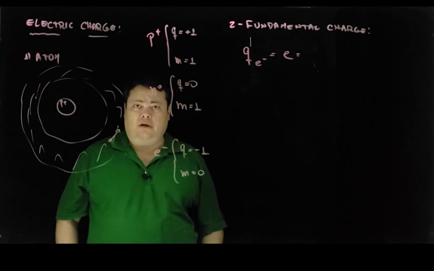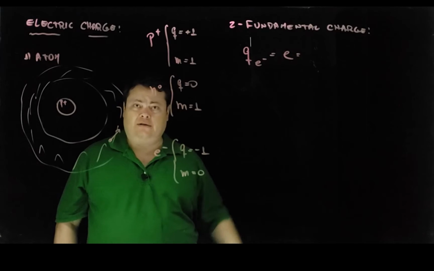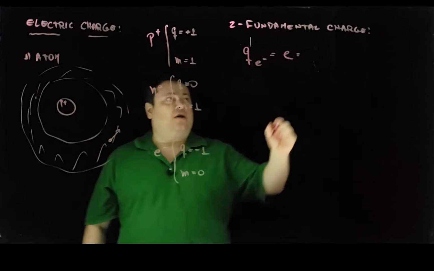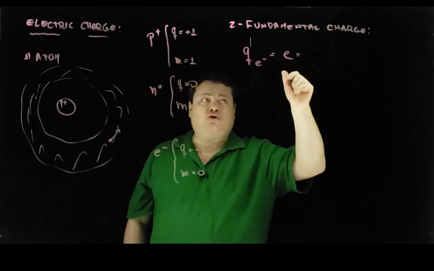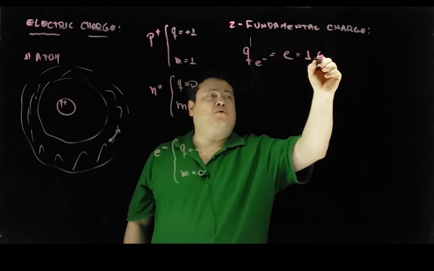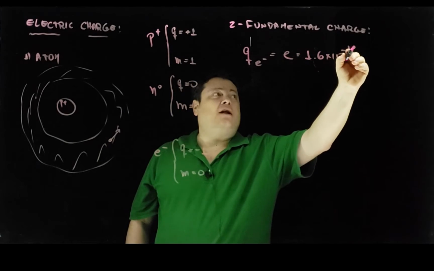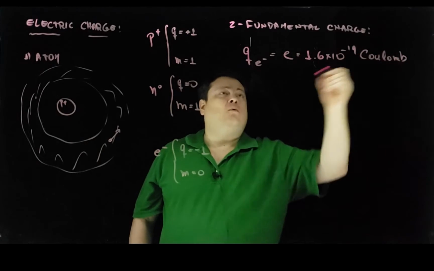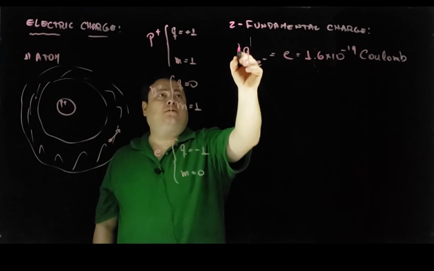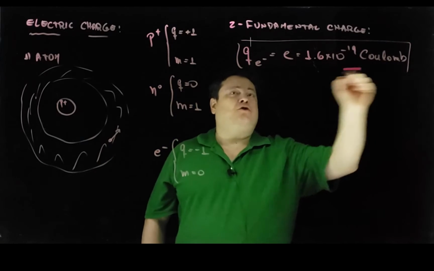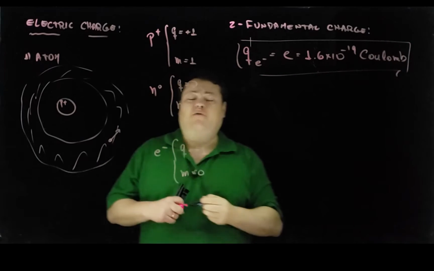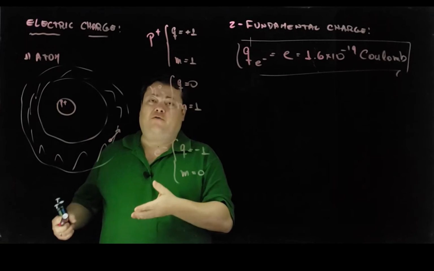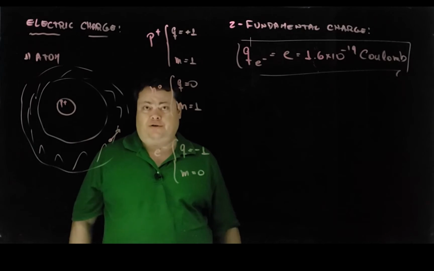Now, Millikan, in an experiment that we're still going to discuss in the future, managed to measure this charge, and in international units, this charge is 1.6 times 10 to the negative 19 coulomb, where the coulomb is the international unit of charge, named for Charles Augustin de Coulomb from Coulomb's law, the law of electric force between two charges.